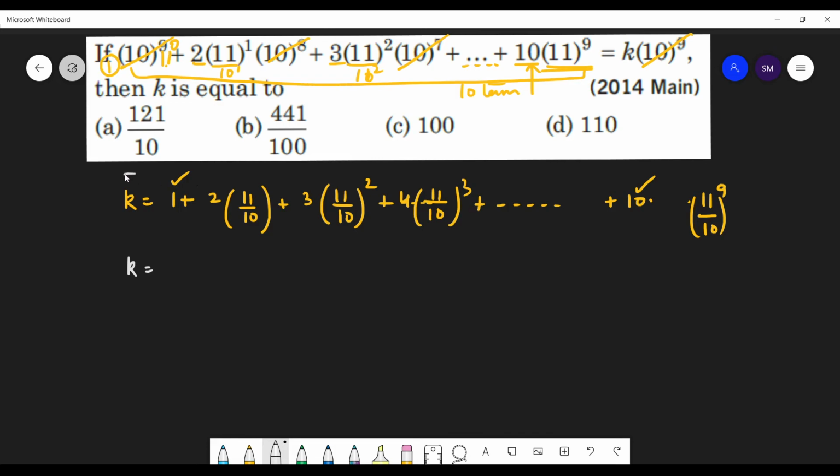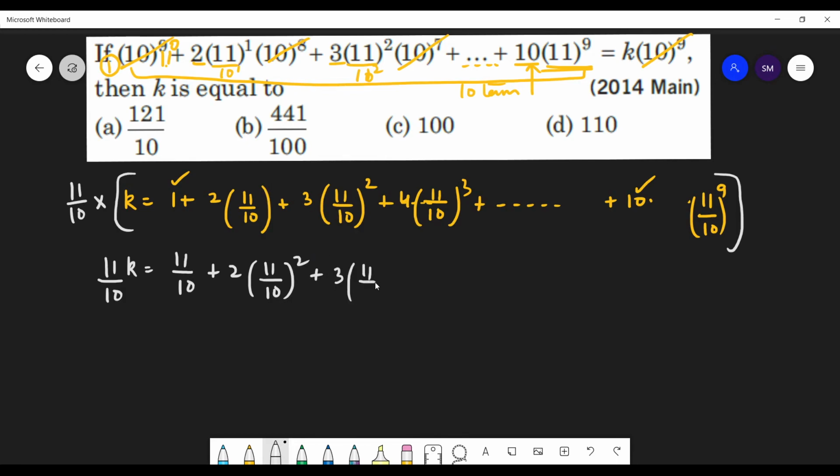So what do you get? 11 upon 10. So 1 will also be included now. Plus 2 into, and here you will get the power 2 again. And here you will get the power 3.